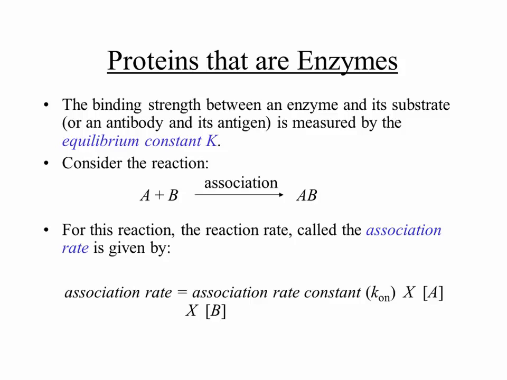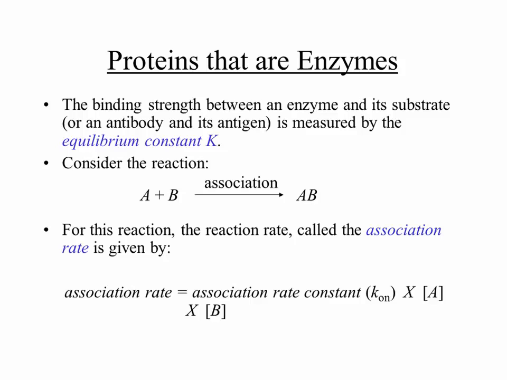Suppose you have two things, A and B, that react together to produce the product AB. Okay, so this is an association reaction that is proceeding from left to right. So for this reaction, the reaction rate, which is called the association rate, is given by: we know that the rate of reaction is proportional to the concentration of the reactants, right?